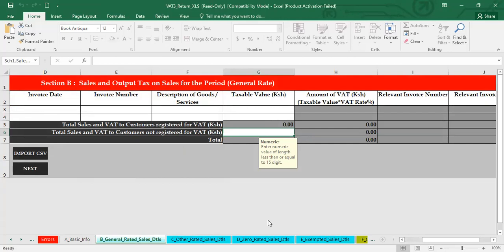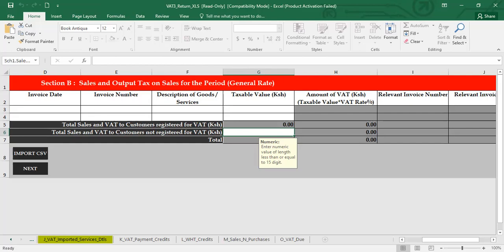Tutafanya the CSV with hizo invoice mingi. But I will sample for you around 10 invoices, the sales and the purchases. Tuachane na hizi zingine za zero related. So you try to fill in during the day, ujaribu kuweka, so that maybe in the evening I can see whether you have tried to understand as we wait for KRA to open at this point.